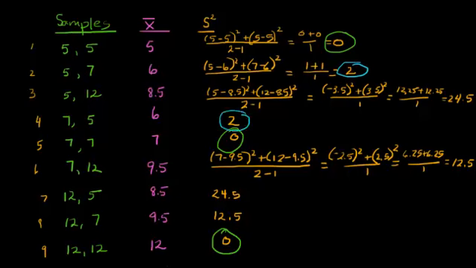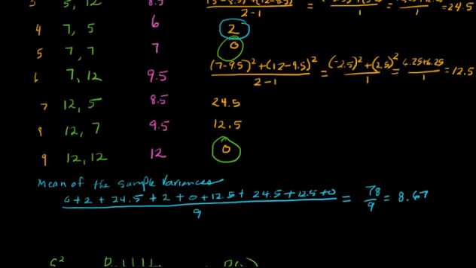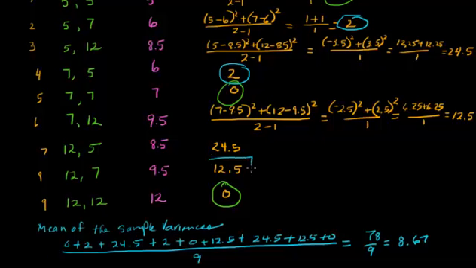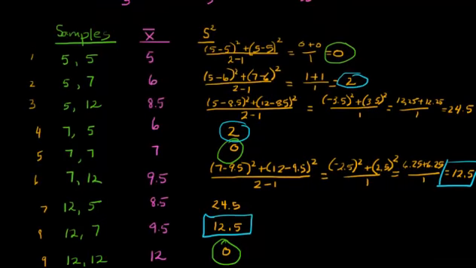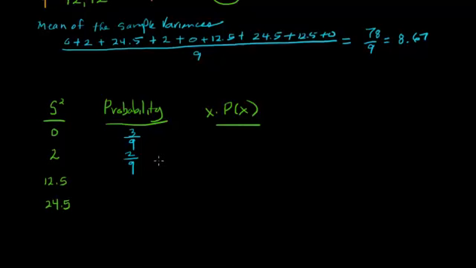There were 2 ways we could get a 2 as our sample variance. 12.5: here's one, here's one, and here's one, wait, that's only 2 boxed, so 2 out of 9 there.